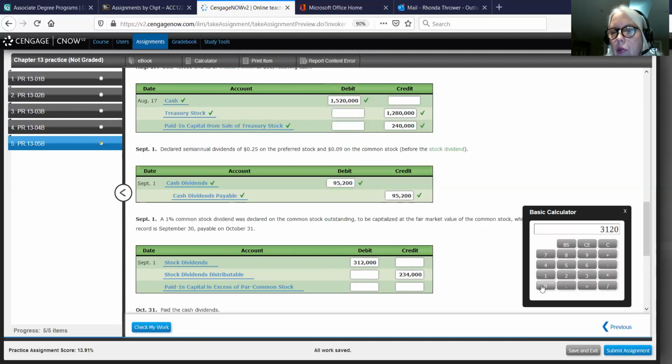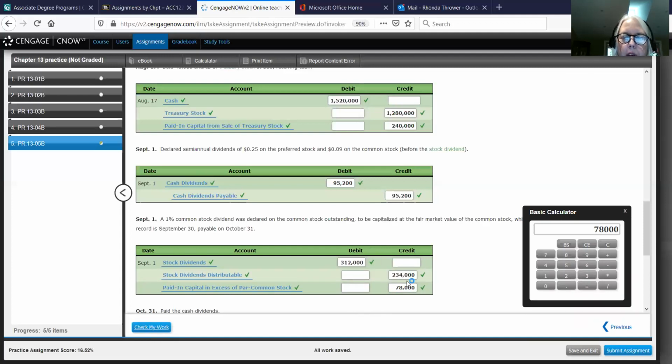So $312,000 minus $234,000 will leave you with the plug figure of $78,000. So now our total debits and our total credits are equal.